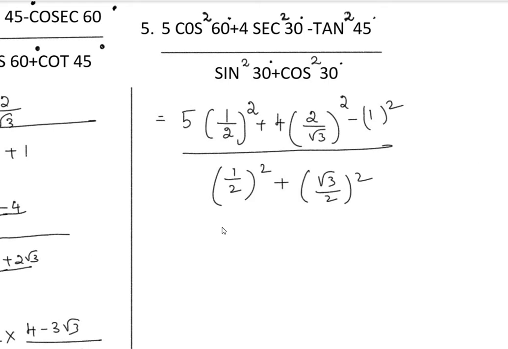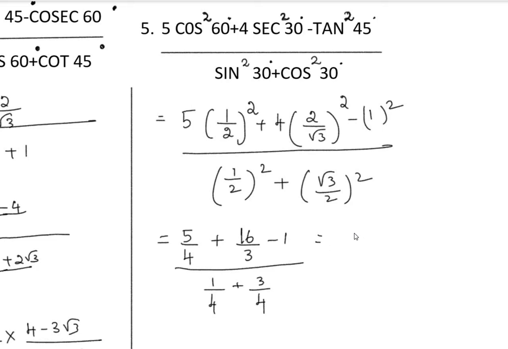Now, what is the next step? 5 into 1 by 4. Plus 4 into 4 by 3: 2 2s are 4, root 3 into root 3 is 3. So 4 4s are 16 by 3. Minus 1 square is 1, by again 1 by 2 square is 1 by 4 plus root 3 square is 3, 2 square is 4.